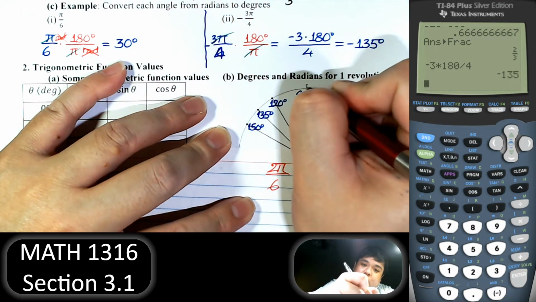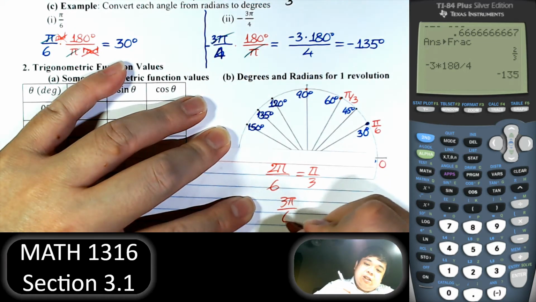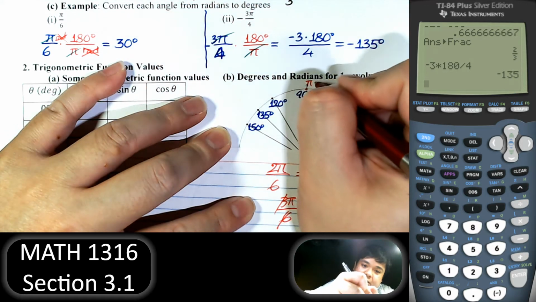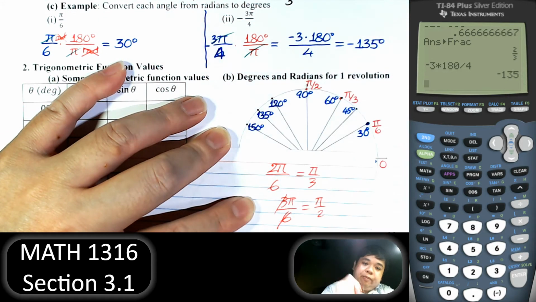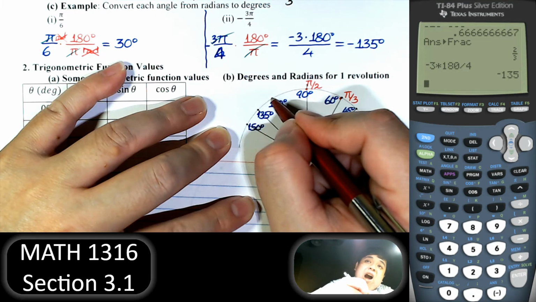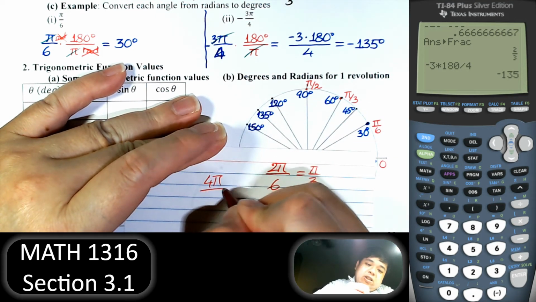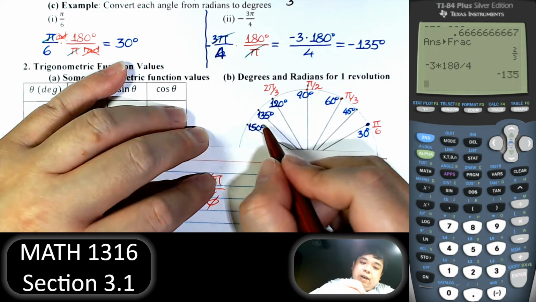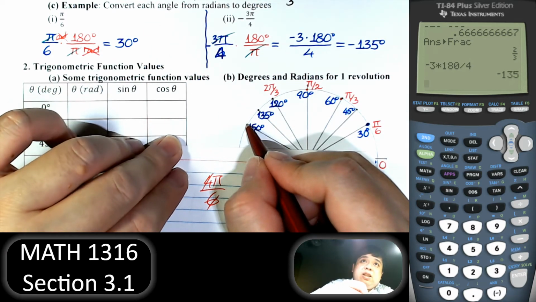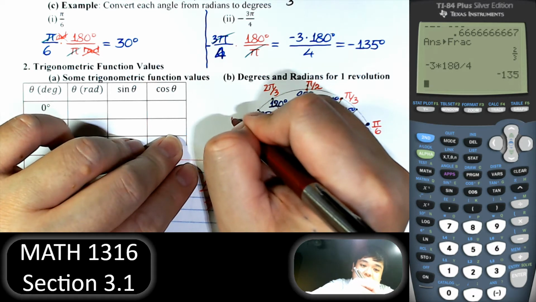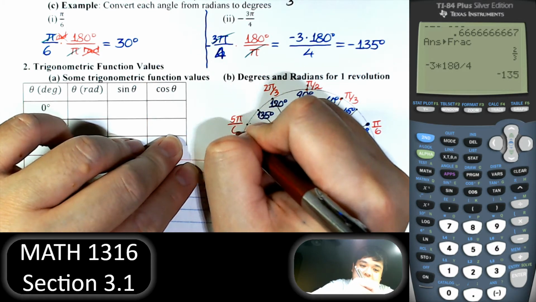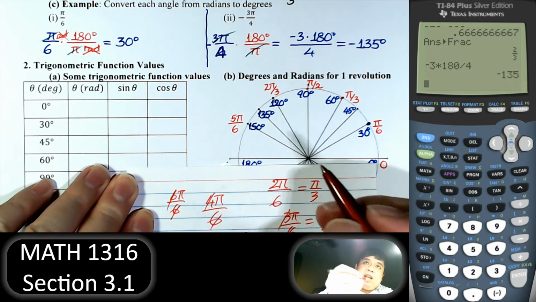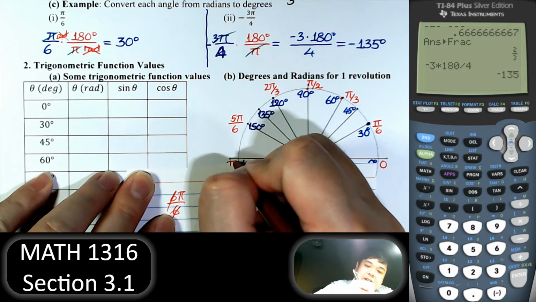Next, 3 pi over 6. 3 and 6 cancel out, that's pi over 2. 4 pi over 6 reduced to 2 pi over 3. 5 pi over 6, well, that is not reduced. 6 pi over 6, 6 and 6 cancel, just pi.